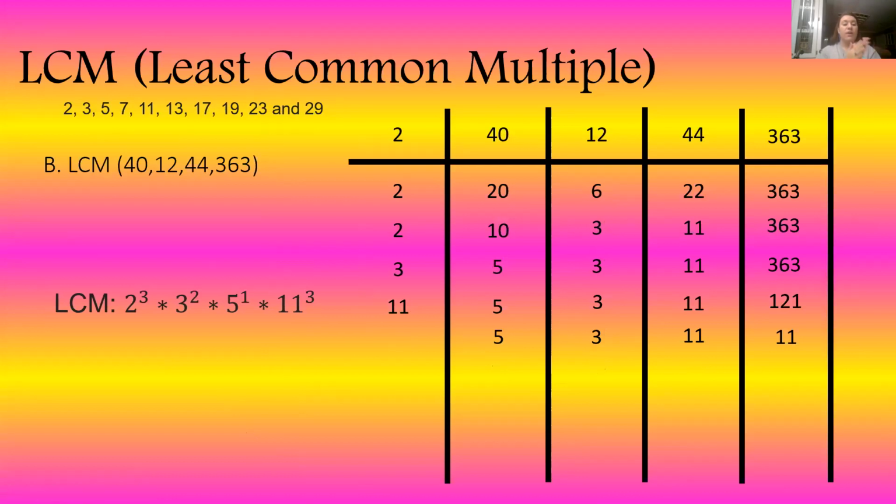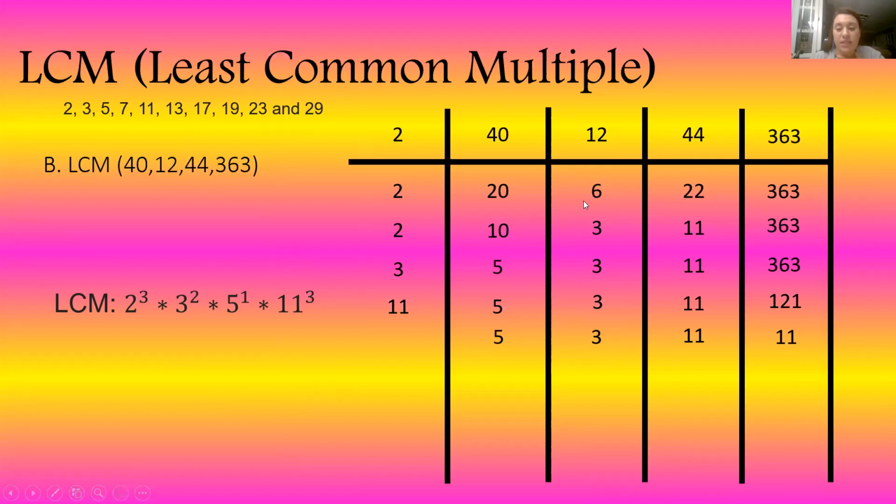Okay, so now we've got 40, 12, 44, and 363. So what I did here was I started out with 2. So 40 divided by 2 is 20, and then 12 divided by 2 is 6, and then 44 divided by 2 is 22. Didn't do 363, we just left that one.